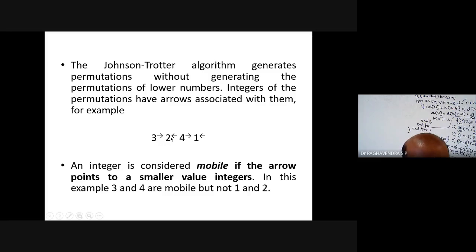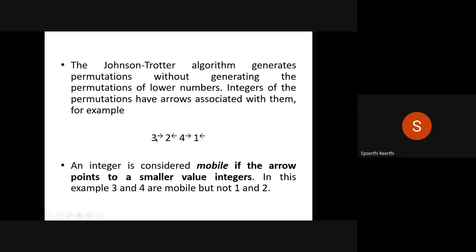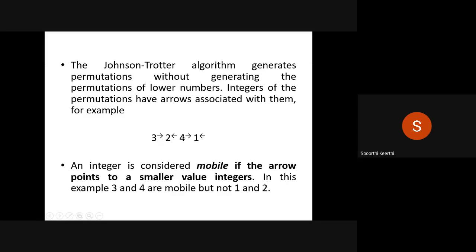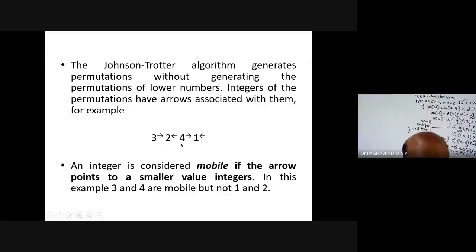See here 2. Why can 2 not be considered mobile? Because 2 is pointing towards 3 and 2 is smaller than 3. So that is why 2 is not mobile. Similarly, 1 is pointing towards 4 and 1 is less than 4. So that is why 1 is not mobile. Understood?